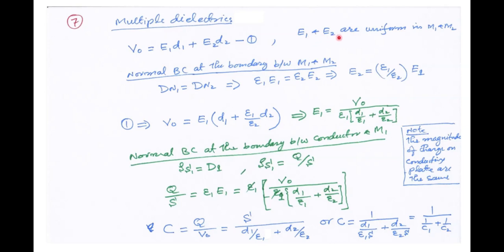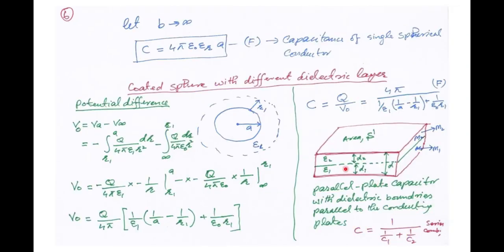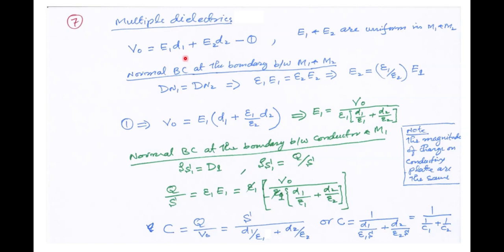E1 and E2 are uniform in medium 1 and medium 2. According to the tangential boundary condition, the electric field component at the interface between the two dielectric materials is continuous, having the same value across the interface between the two different dielectric materials.